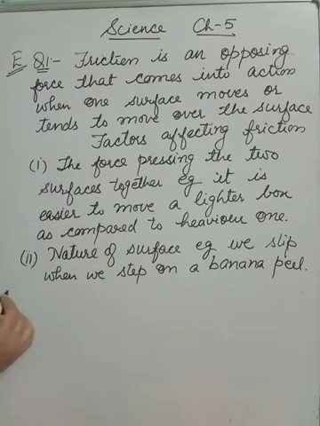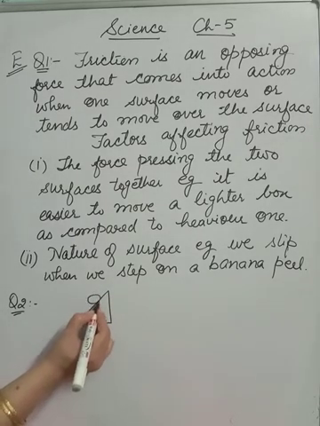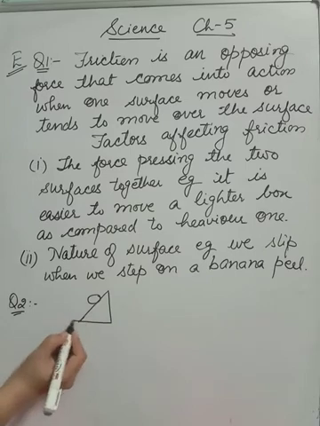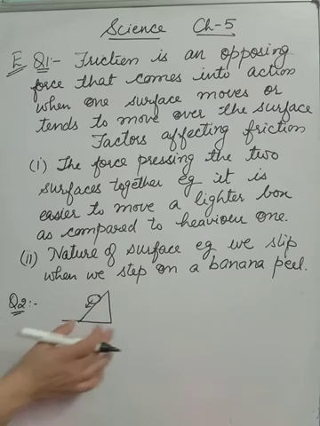Now the second part of this question: a figure is given. See the figure in your book. According to this figure, it is asked in which case the ball is likely to move the longest distance, and to give a reason for your answer. I am just giving you an idea. This is a surface where your ball is sliding down, and there are three cases.